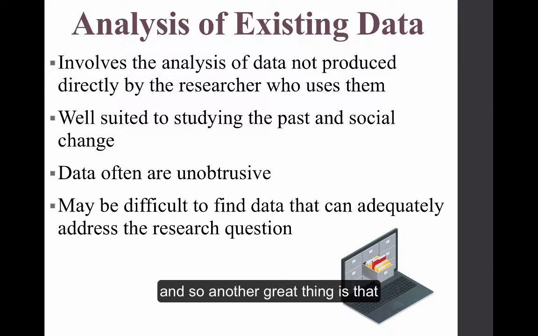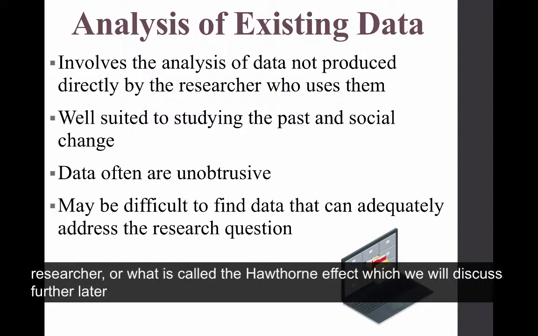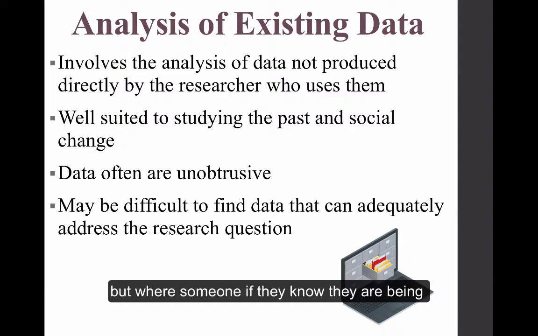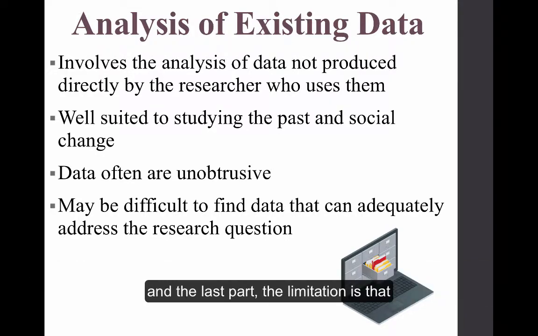And so another great thing is that data is often unobtrusive, so you don't have to worry about the influence of the researcher or what is called the Hawthorne effect, which we'll discuss further later. But where someone, if they know they're being researched, they might change how they act, right? So that's not going to be a problem that you're going to face if you're using existing data at all.